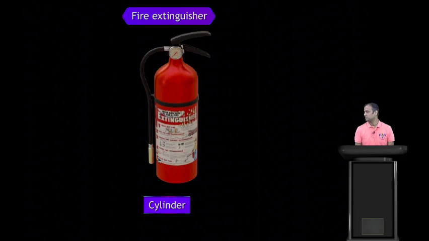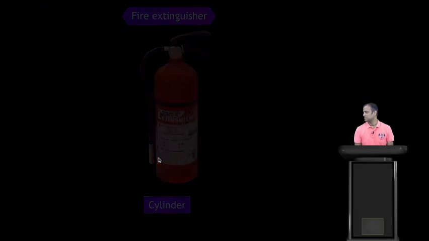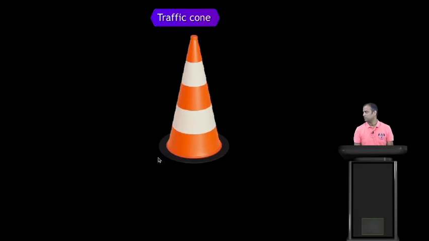This is an example of a cylinder. Now you have seen this cone on every road where construction is going on. This is called a traffic cone and it is an example of a cone.